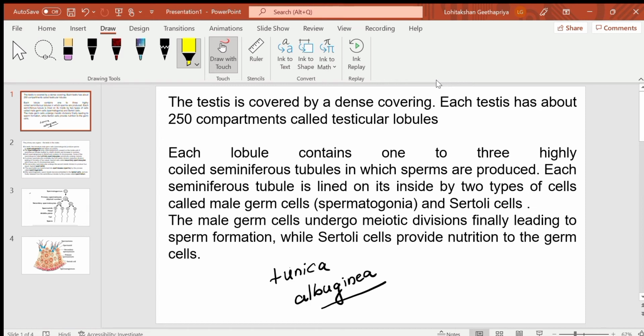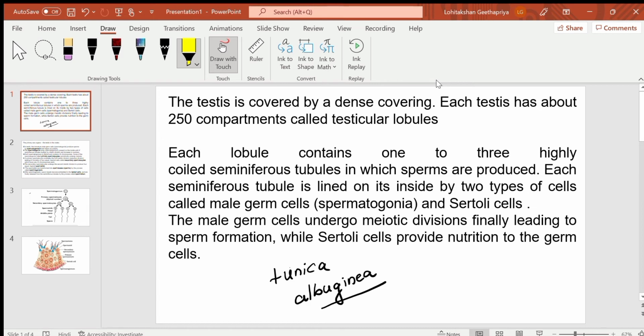This is the major part of the human testis where the spermatogonia or the sperms are being produced. Each seminiferous tubule, when we look at the inner transverse section, is lined on the inner side by two types of cells.